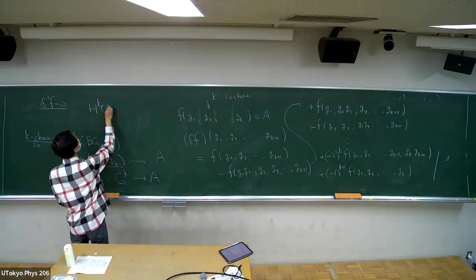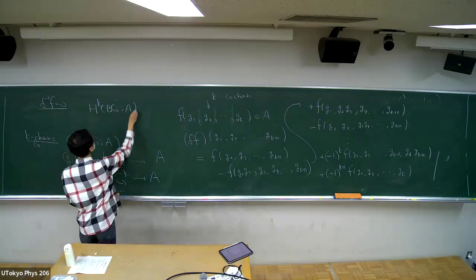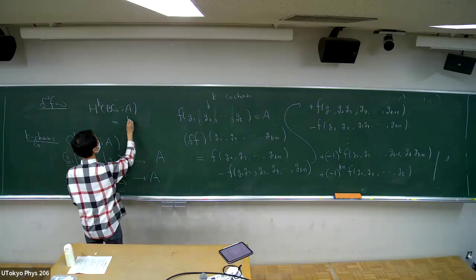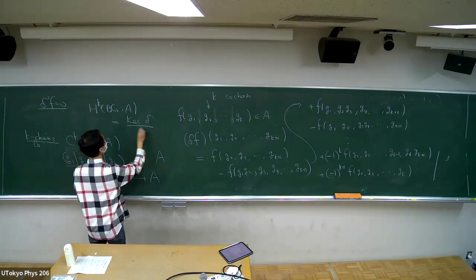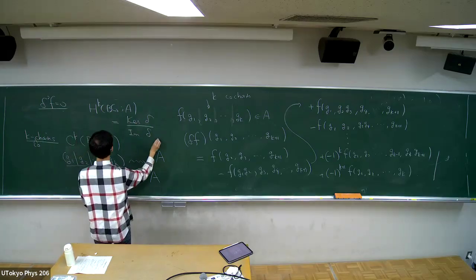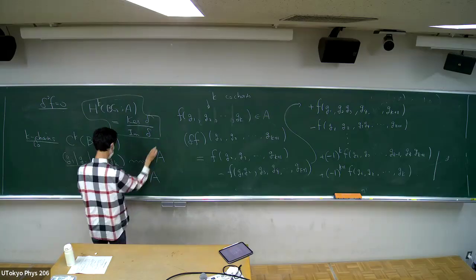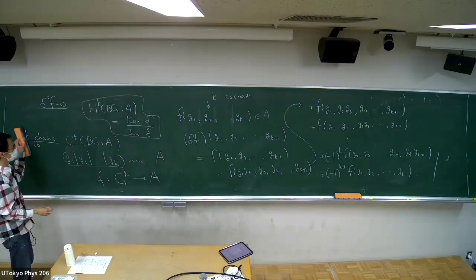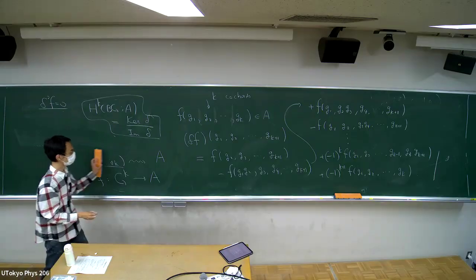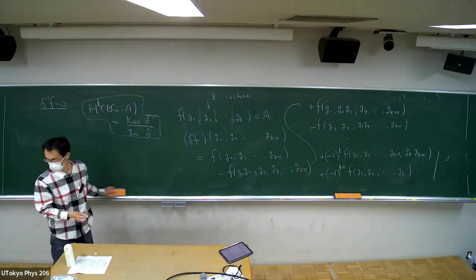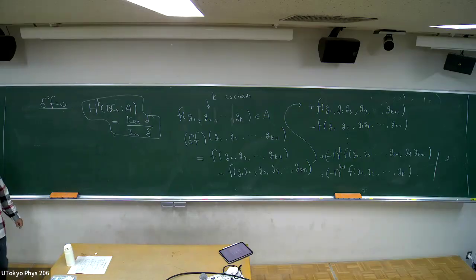And H^k of BG with coefficients in A is the kernel of delta over the image of delta. So that's the definition of the group cohomology. But that formula is very, very complicated, so let's look at them one by one.